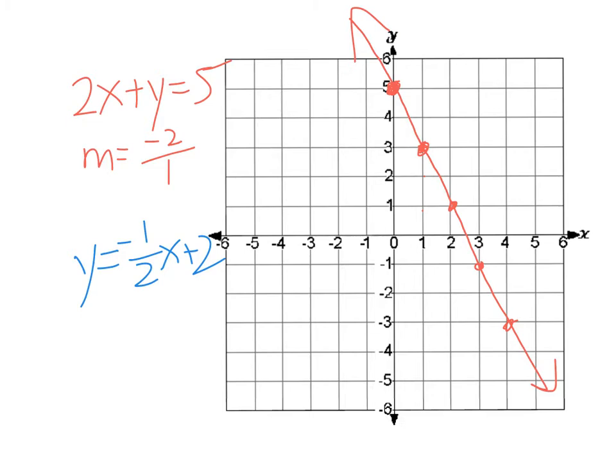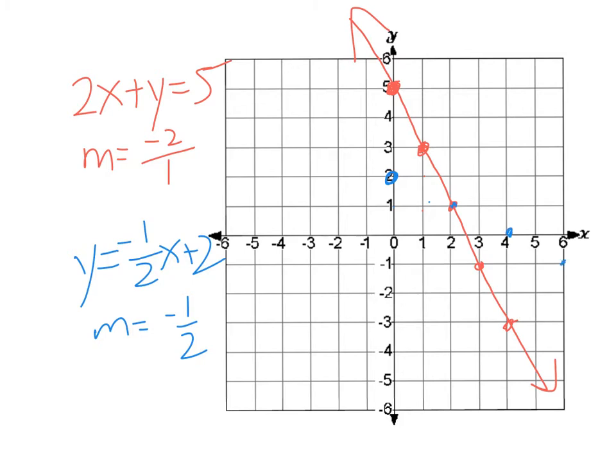The second line, nicely that's in slope-intercept form, so I already know it's at 0, 2. And the slope for this one is negative 1/2, which means it's going down 1 and over 2, and down 1 and over 2, and down 1 over 2.